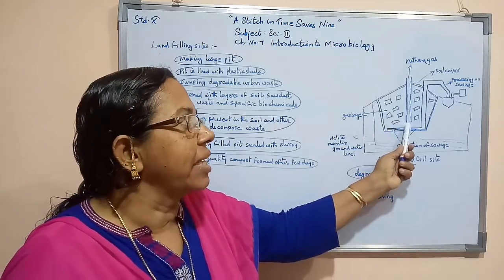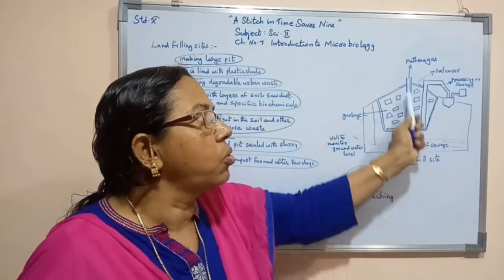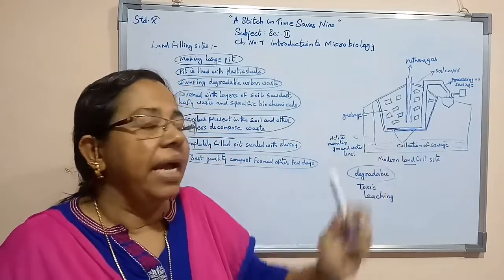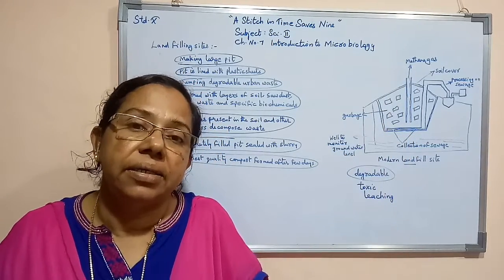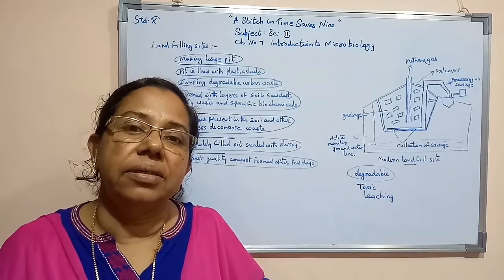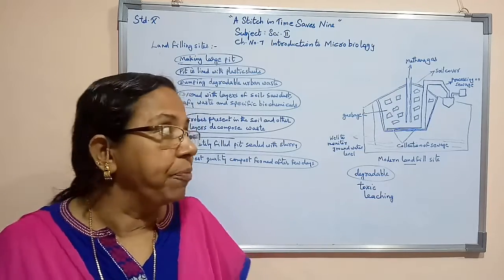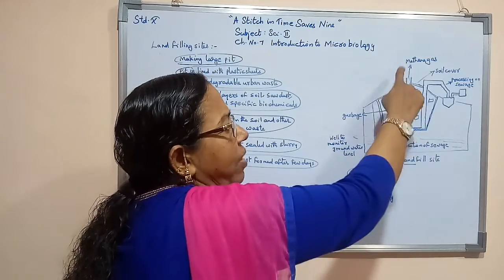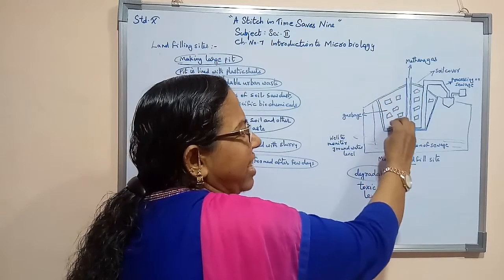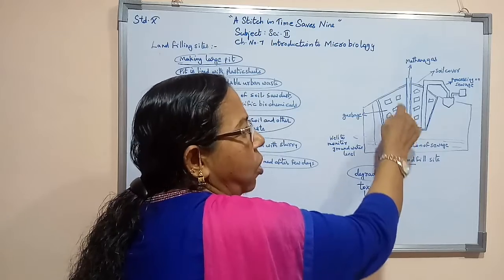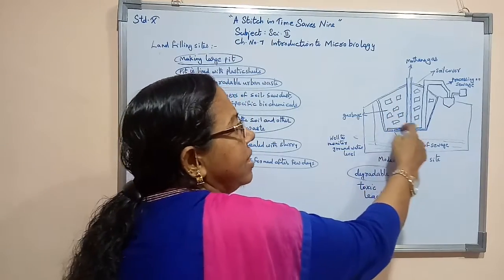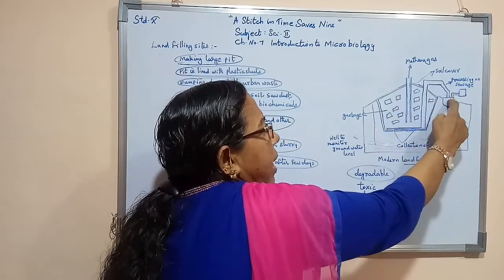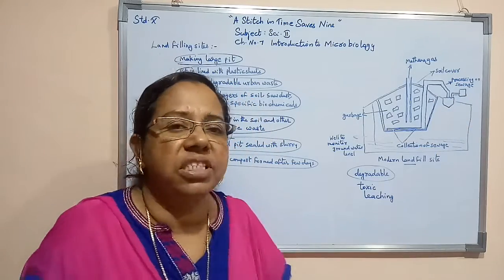That gas goes out through this pipe, and it will be collected in a tank or in a cylinder, we can say. Then once the gas removal occurs, the slurry, the waste product that is forming, or the compost that is occurring here, is collected through this pipe and its processing will be done.